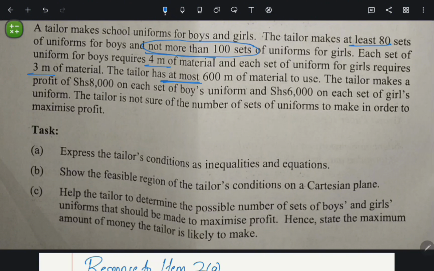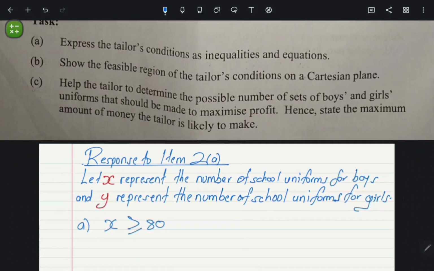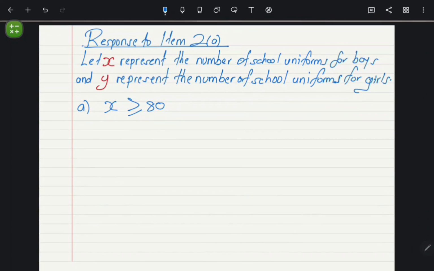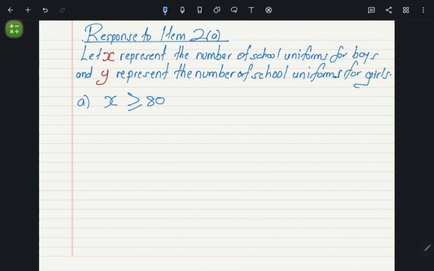So this statement here helps us to generate our second inequality. And since y represents the number of uniforms for girls, we are going to say our second inequality here is y is less than or equal to 100, meaning that the tailor makes 100 and below, but she does not exceed 100 sets of uniform for girls.